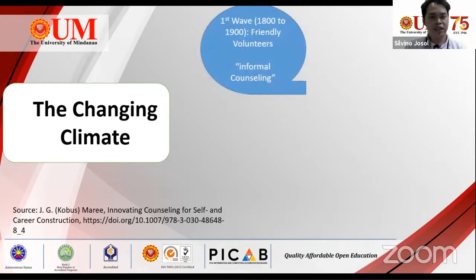What do we mean by changing climate? Every era would demand a different aspect of career counseling. When we look at data as presented by J.G. Murray, in the first wave, not necessarily industrial but the agricultural revolution, it is informal counseling.